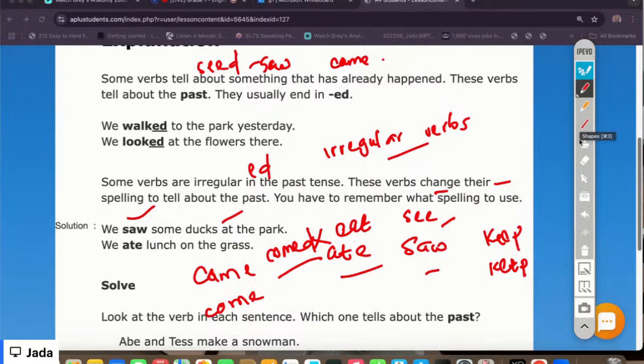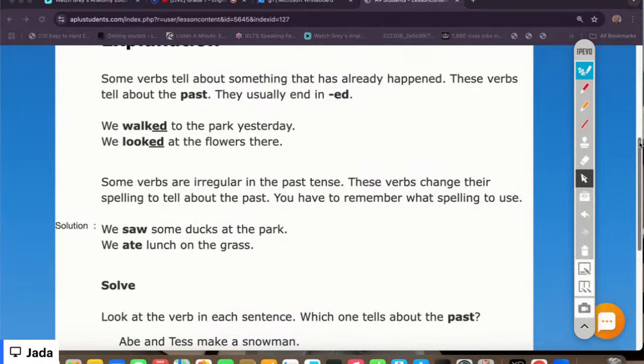Okay, so you can share with me on the chat if you know some irregular past also. All right, let's look at some examples and some sentences.